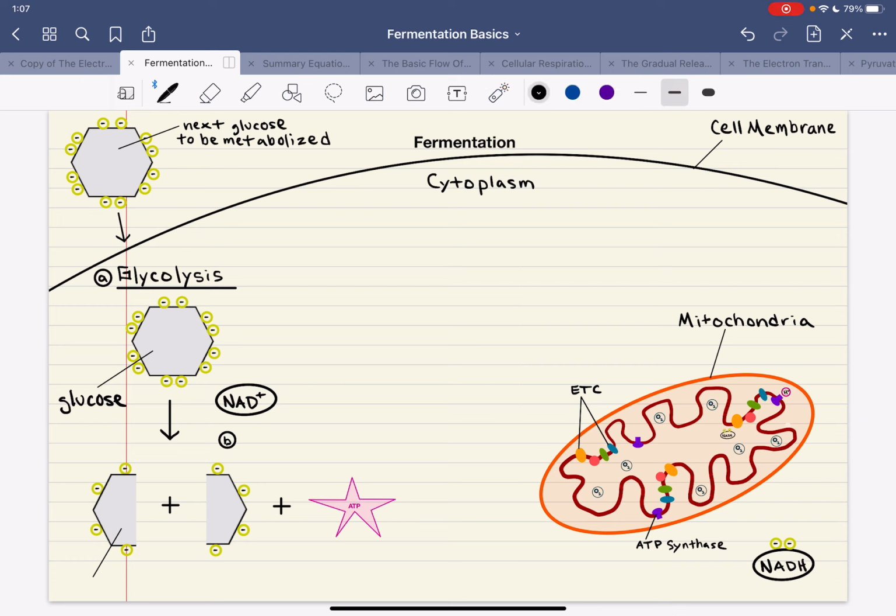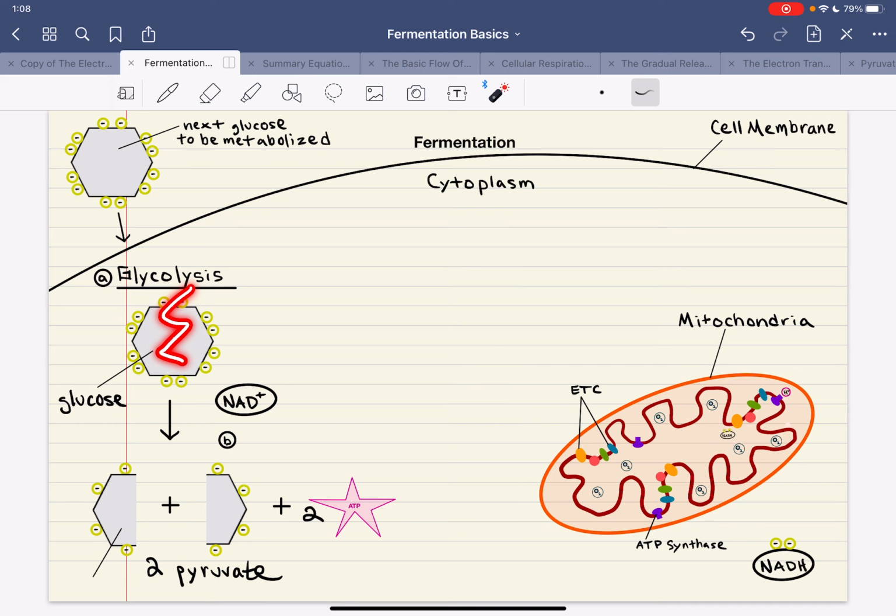So we're going to write that. We're going to get 2 molecules of ATP. We're going to get 2 molecules of pyruvate, which is, in a sense, the 2 halves of glucose. And if you remember back to video number 1, the third product of glycolysis is 2 molecules of NADH. I kind of want to show you how that works.